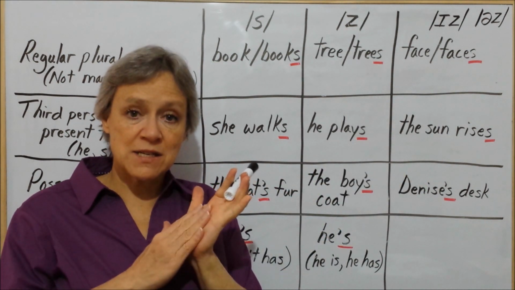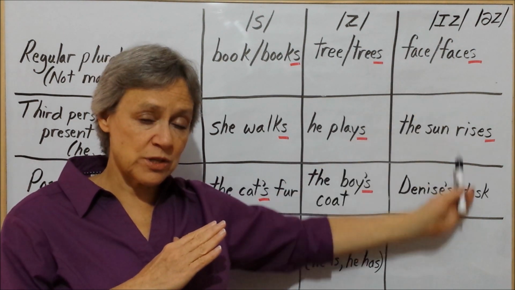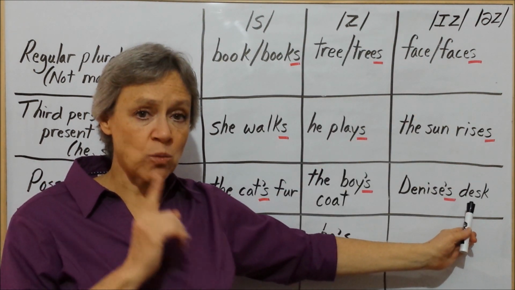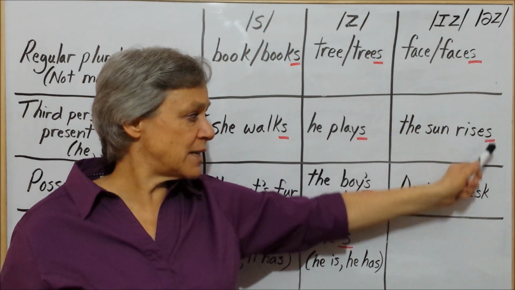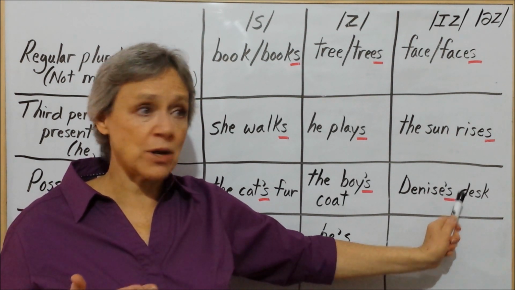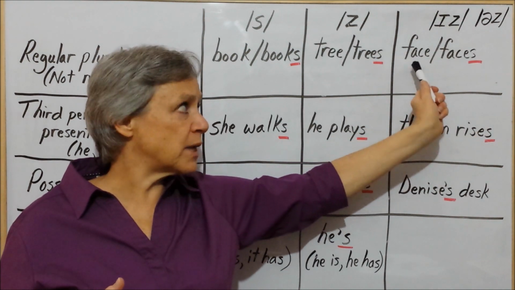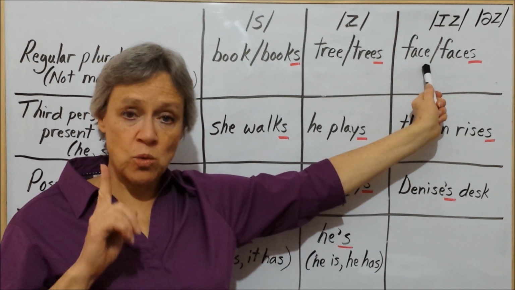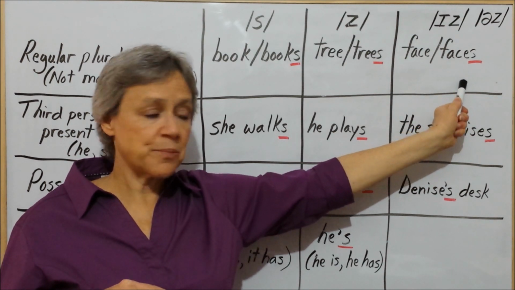Faces, 2 beats. So for these words in this column, when I add 1 letter, the letter S, I'm getting an extra syllable, an extra sound. I'm getting a vowel sound plus a sound for that S. So again, this is face, 1 syllable. This is faces, 2 syllables.